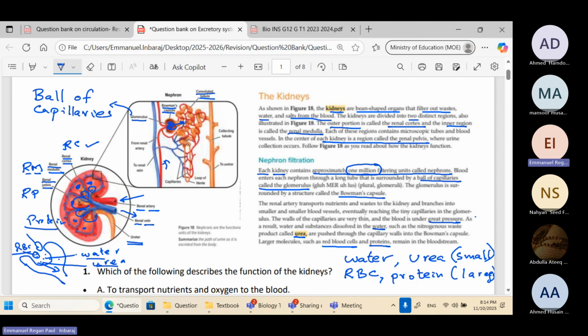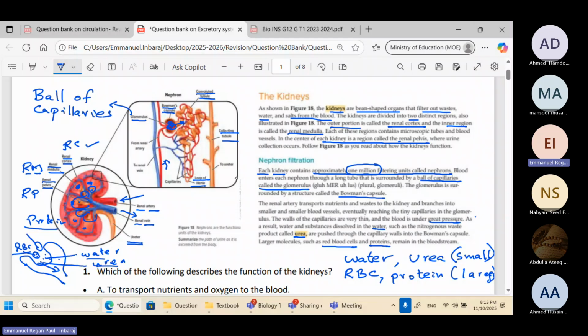After that, the tube enters the loop of Henle. The material enters the loop of Henle, again passes through the coiled tube, and then reaches the collecting duct, or the collecting tubule.